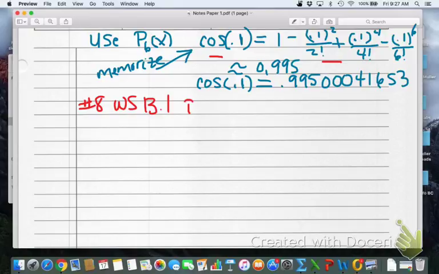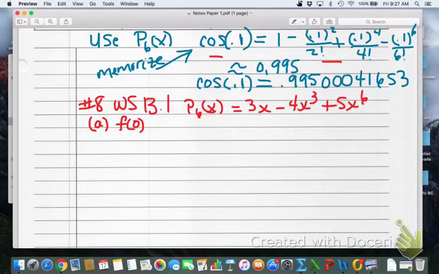So we are told that we have P6 of x equals 3x minus 4x cubed plus 5x to the 6th. And in A, we are asked to find f of 0. Well, here's what you know. There is no constant in this polynomial, so you know that f of 0 has to equal 0, because of the formula that we used for each coefficient.